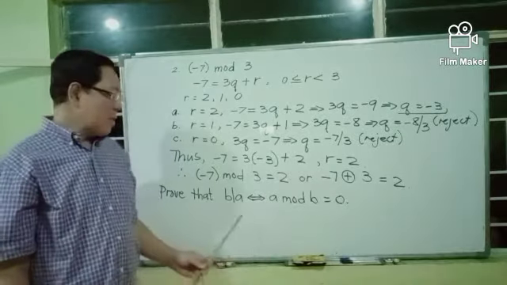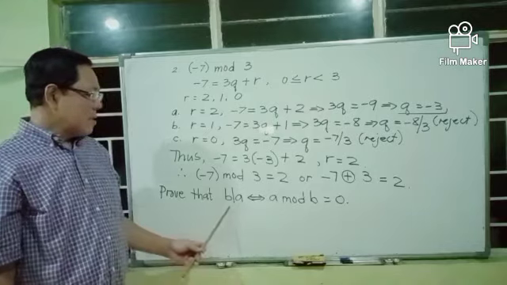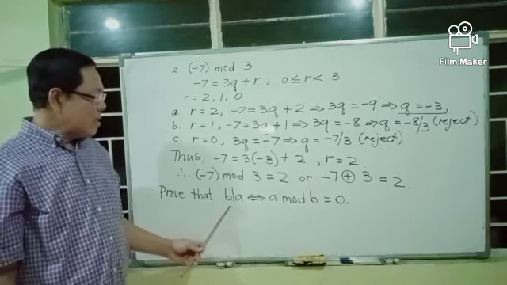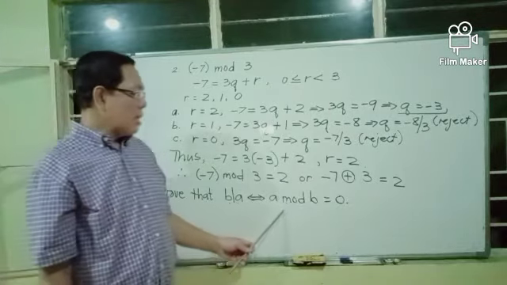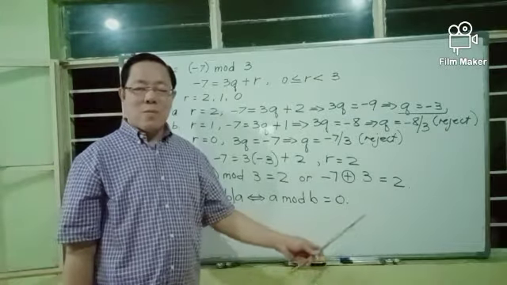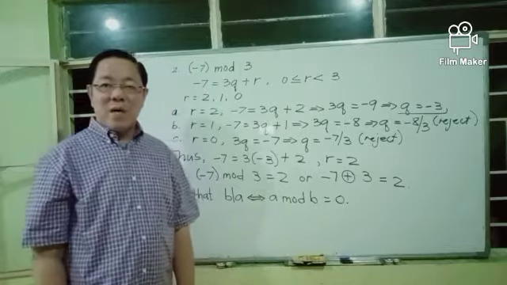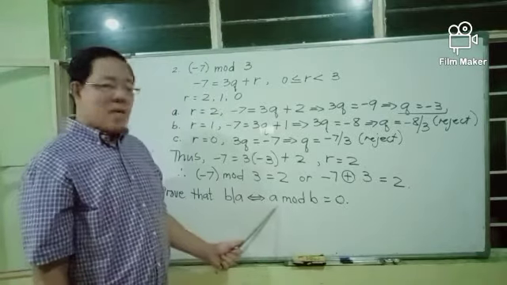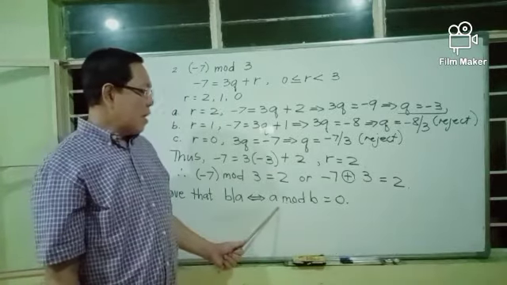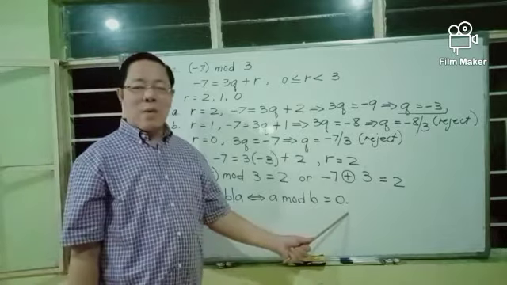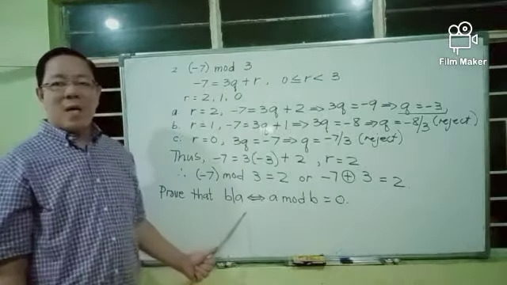In the first part of the proof, we take B divides A, then we show that A modulo B is equal to 0. In the second part, we take A modulo B equals 0, and we show that B divides A.